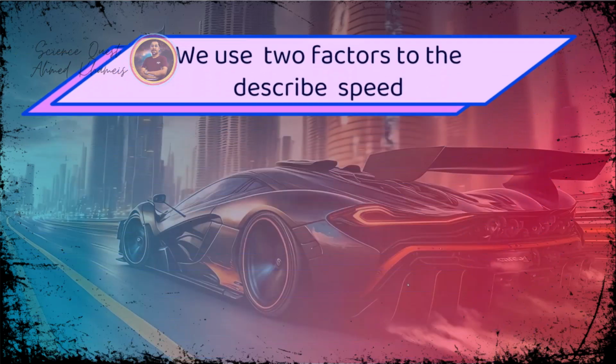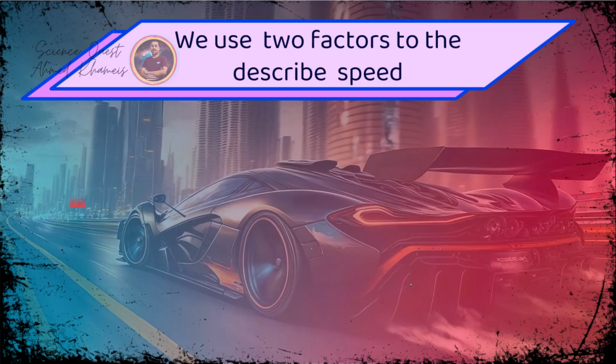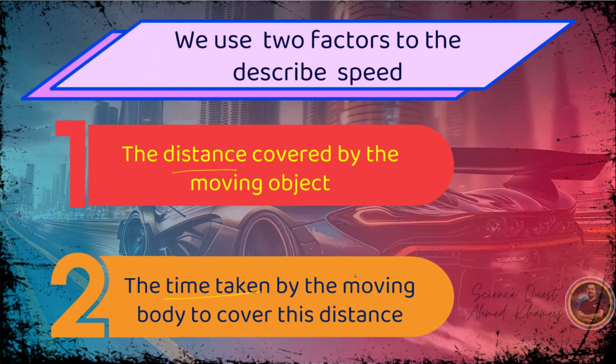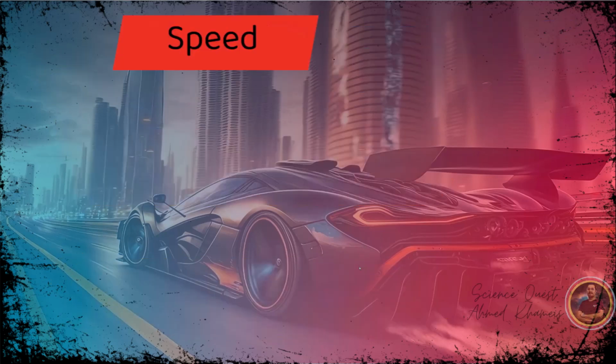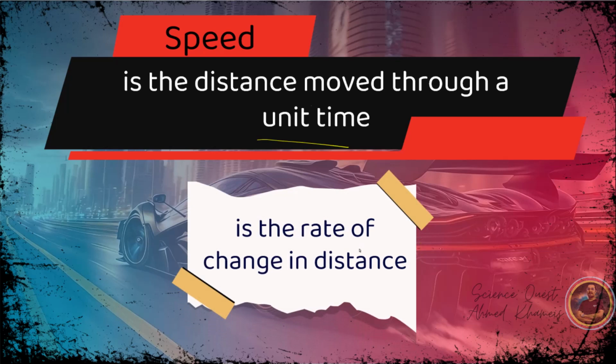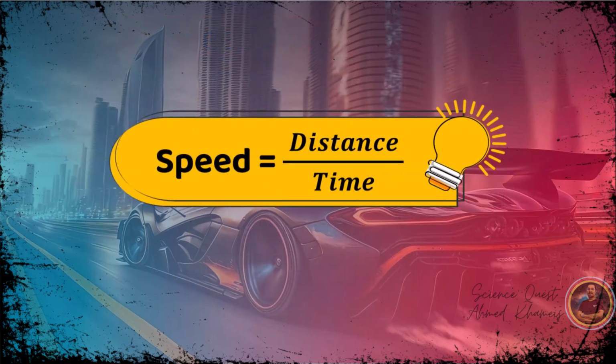So we use two factors to describe speed. The first is the distance moved by the object and the second is the time taken by the object to cover this distance. So the speed is the distance moved through unit time, or it's the rate of change in distance. So the speed equals distance over time.